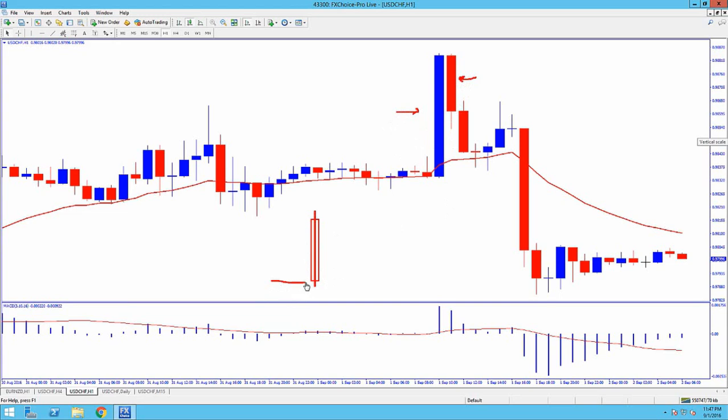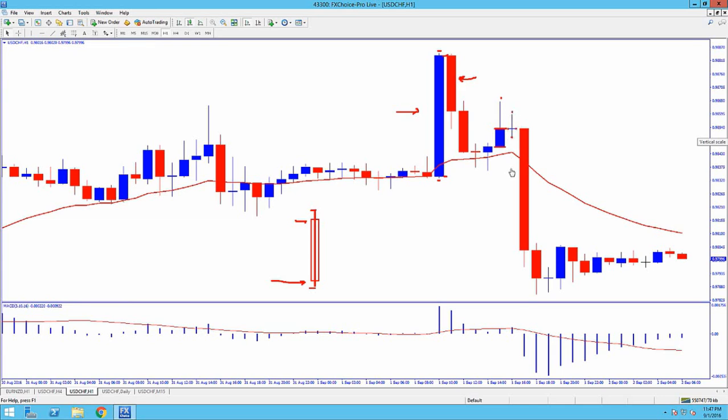Right here is the open, low, close, high. Low, open, high, close. Open is the low, close, and that's the high of the bar. And this right here, open here, low, high, and close.